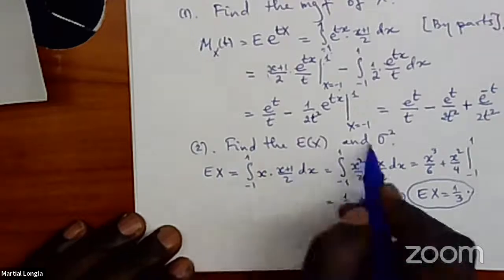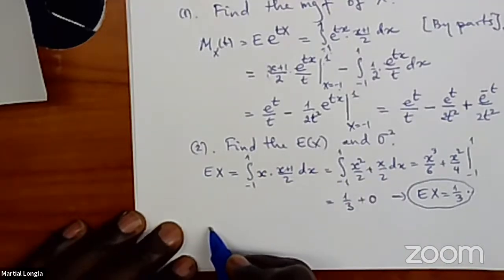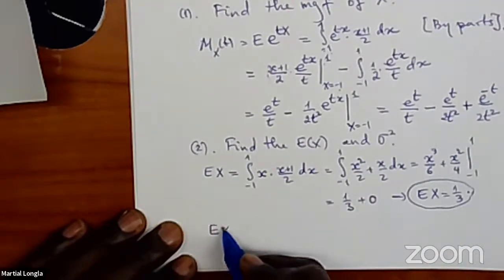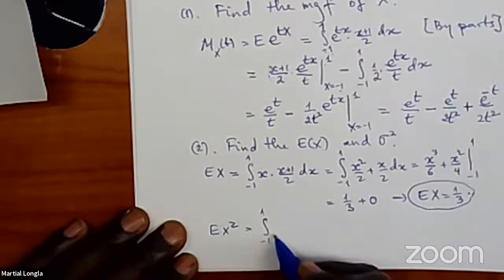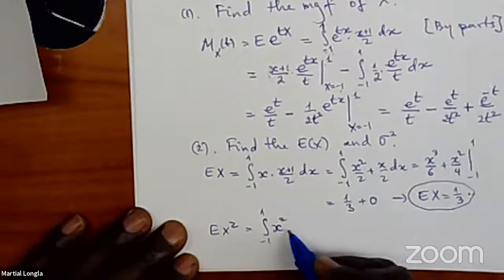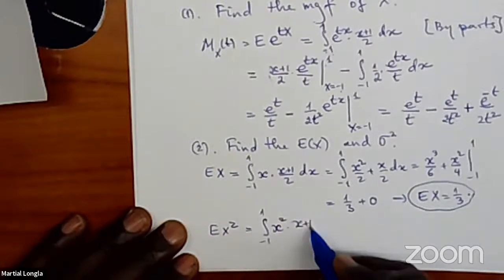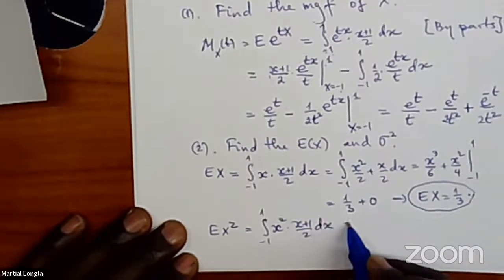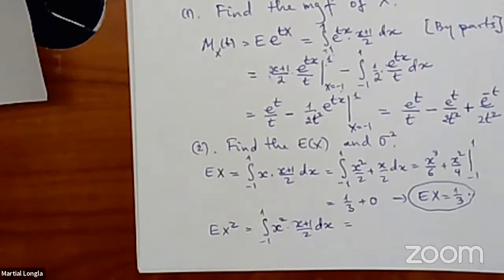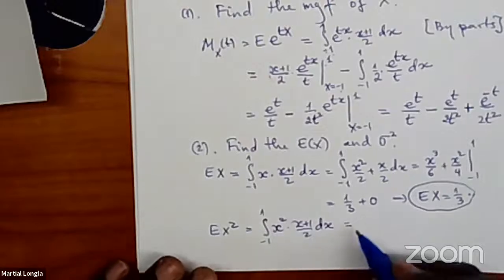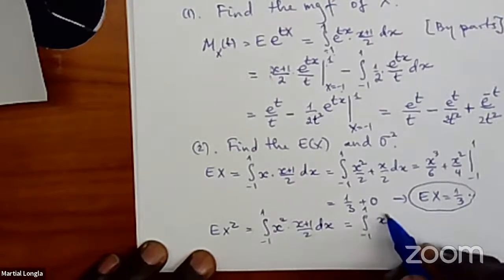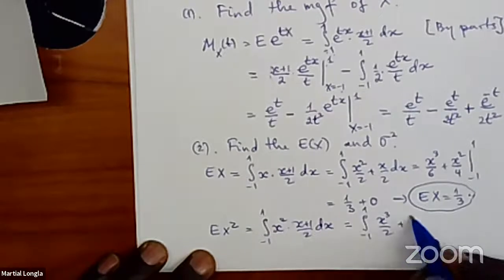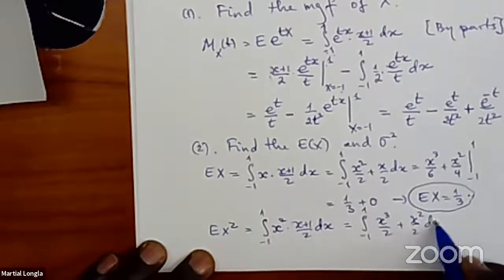And to get variance of X, you need to find expected value of X squared first. That's integral from minus 1 to 1 of x squared times (x plus 1) over 2 dx. This is integral from minus 1 to 1, x cubed over 2 plus x squared over 2 dx.